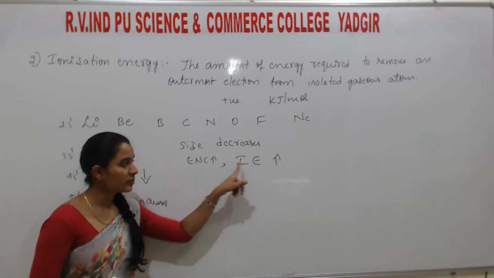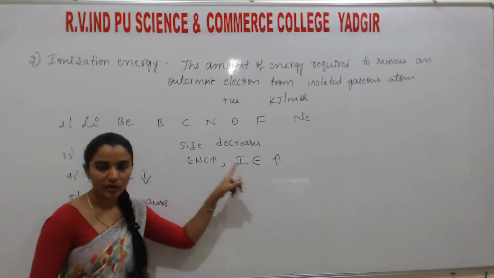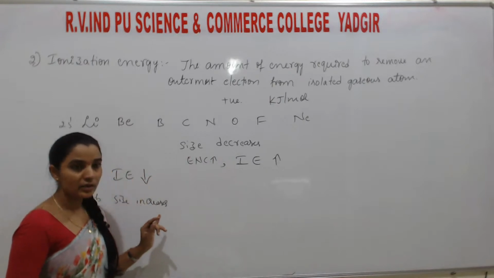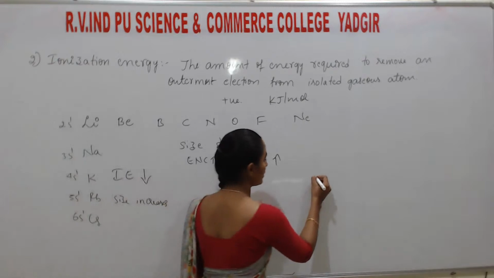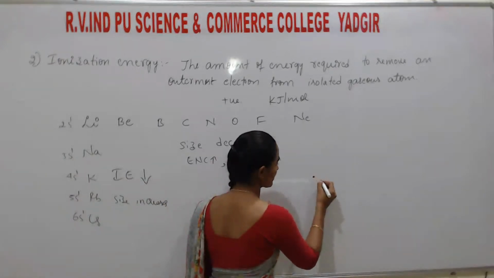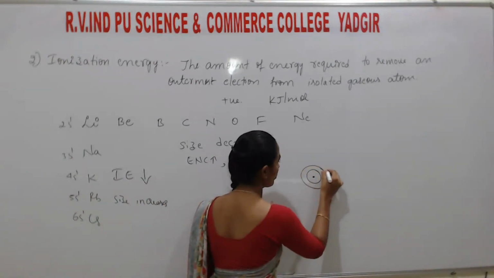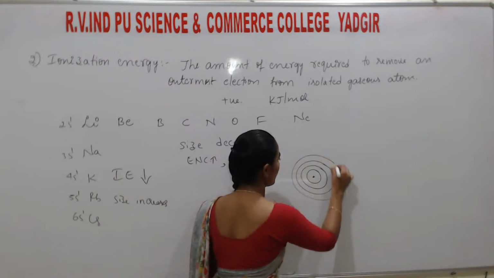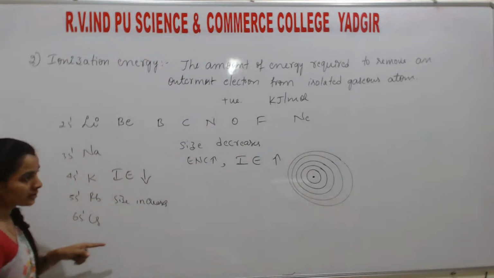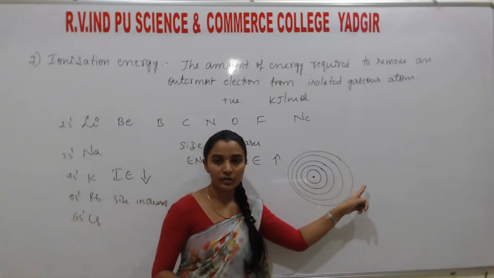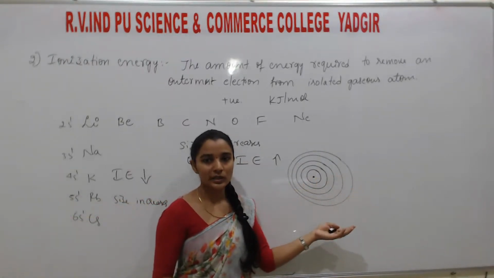If effective nuclear charge is more, ionization energy is more. If effective nuclear charge is less, energy is less. So how does this effective nuclear charge affect this? Listen, this is 1s, then 2s, 3s, 4s, 5s. As the number of shells increases, they move far away from the nucleus, so the force obviously decreases.